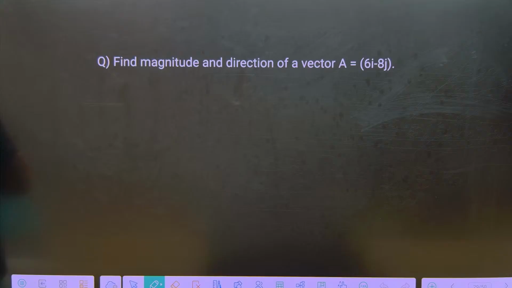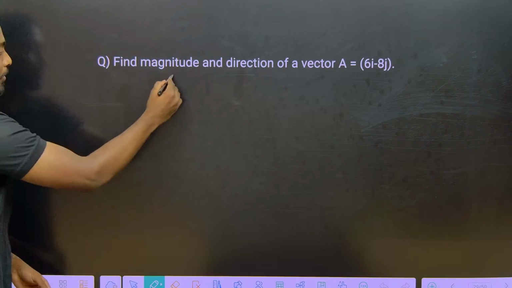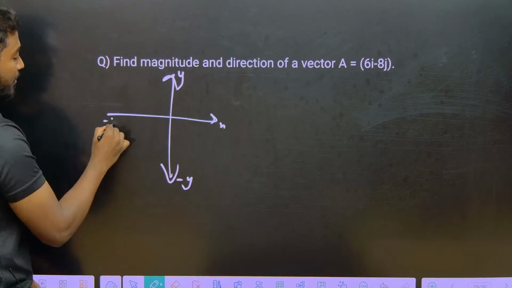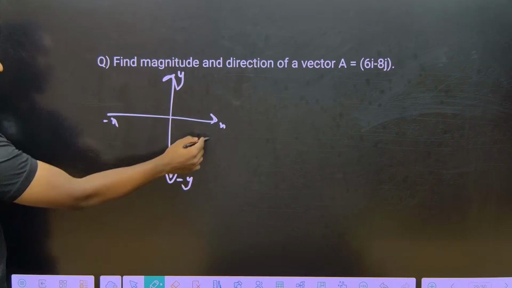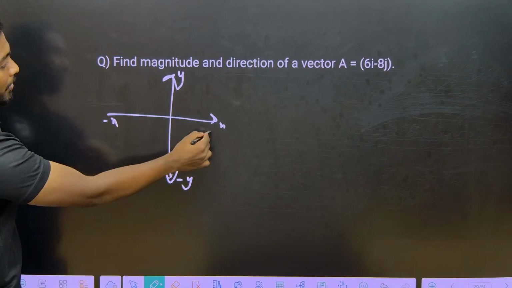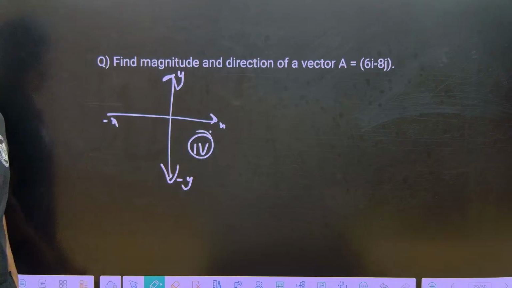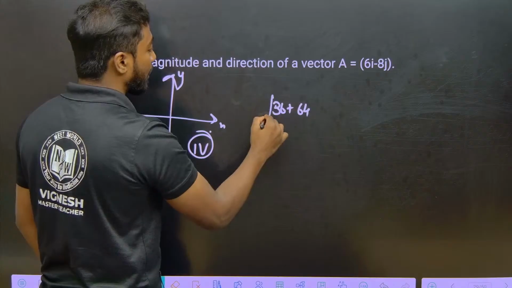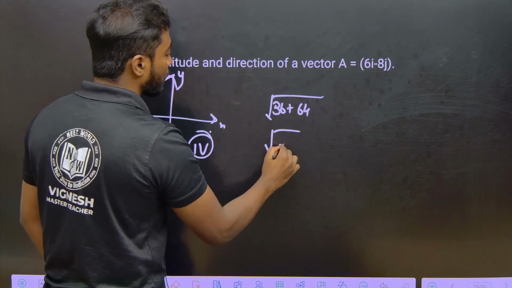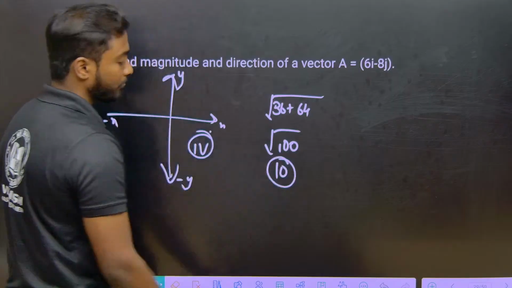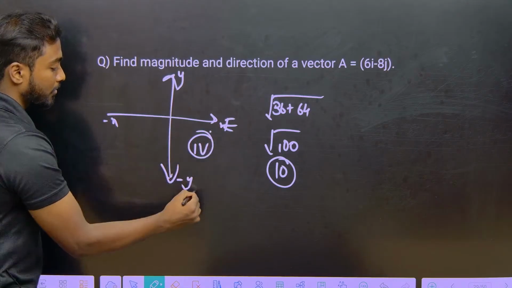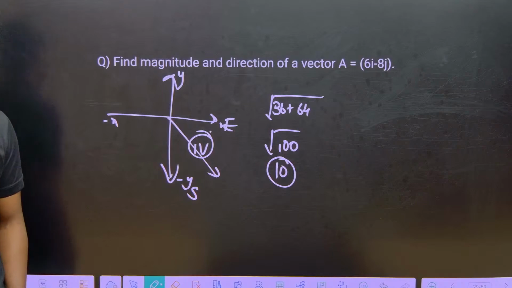Minus x and plus y, so in the sense, second quadrant. The magnitude is 36 plus 64 under root, which is nothing but root of 100, it is 10. 10 units in the east southeast direction. Okay, so this is east and this is south, southeast direction.